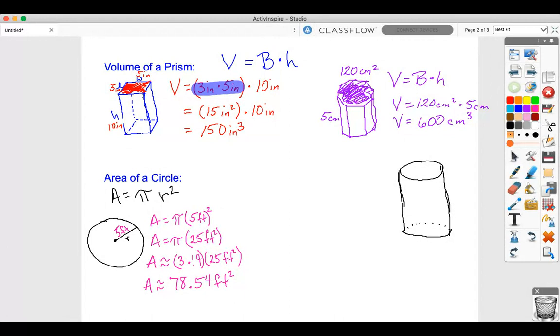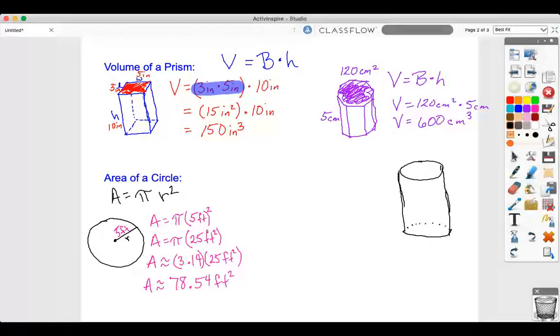Or, you know what? If you have a calculator that has a pi button, you're already set. If you don't know how to use your calculator and get the pi button, email me and tell me what kind of calculator it is. Send a screenshot or take a picture of it, and I'll be able to help you out. Or Miss Bree can help you out as well. But again, they have online calculators, so you can always go to the online calculator and do that. All right, here we go.